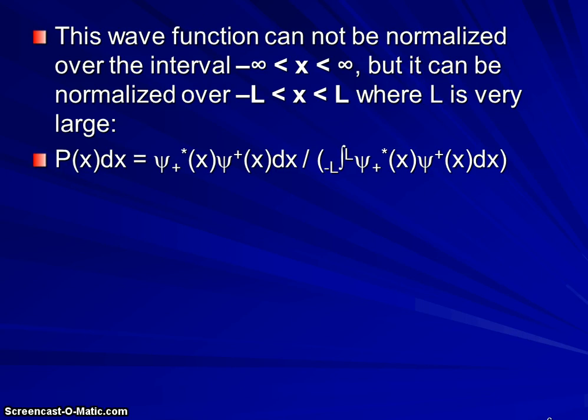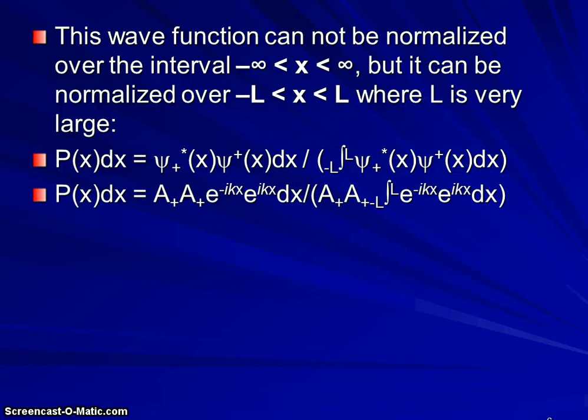So the probability density function for this, we get by squaring the wave function and then dividing by the normalization integral. And so if we go ahead and do that, notice that we have A times e to the negative ikx times e to the ikx.